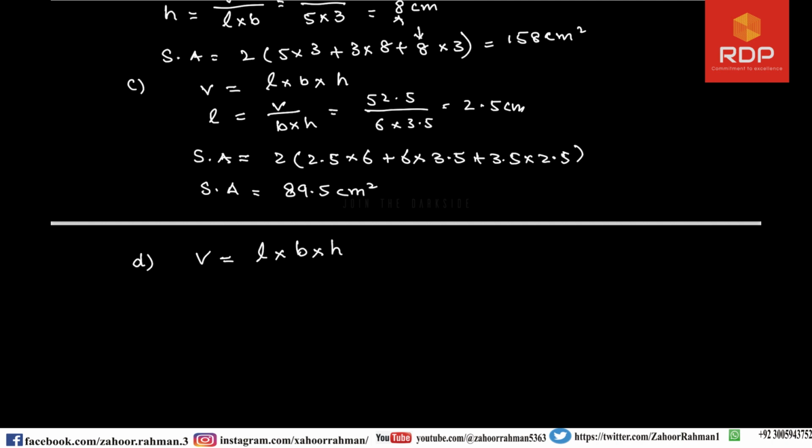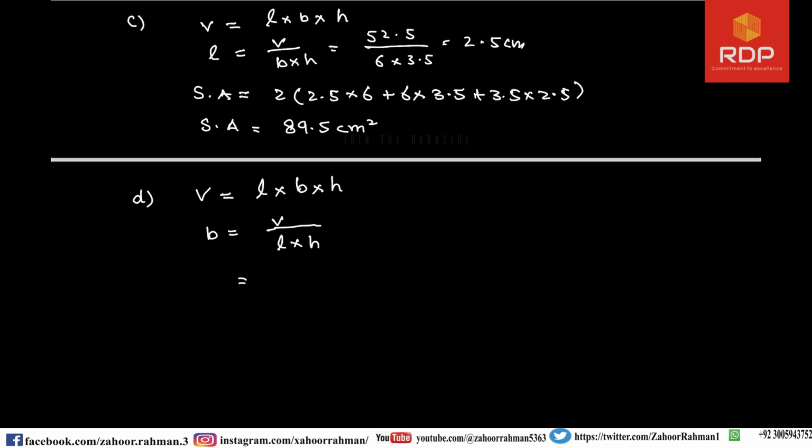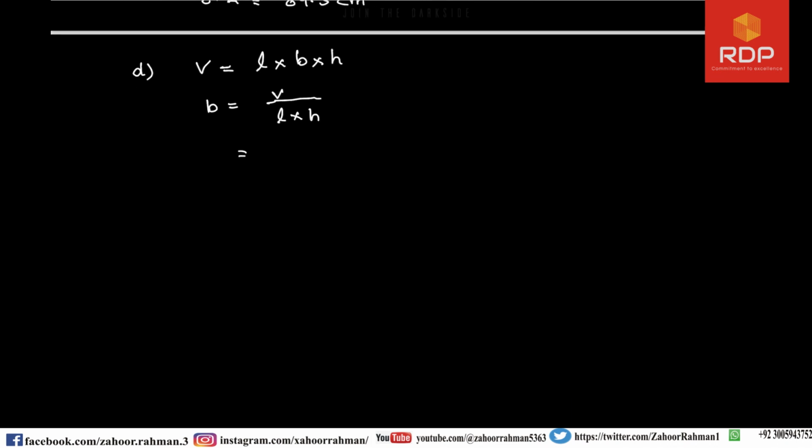And because we are finding the breadth, so breadth is equal to V divided by L cross H. And we have to put the values inside it, and the values are 576. I can see that from the book which is in front of me. And then 12 into 6 is equal to 8 meter is the breadth.